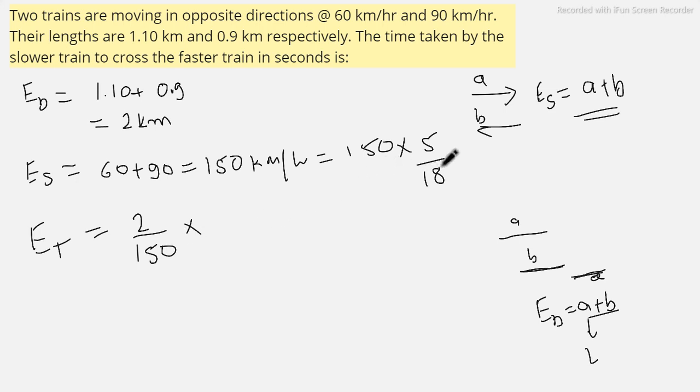So 150 into 5 will be here, 150 into 5, and this 18 will go up. Now we'll just have to cross multiply.